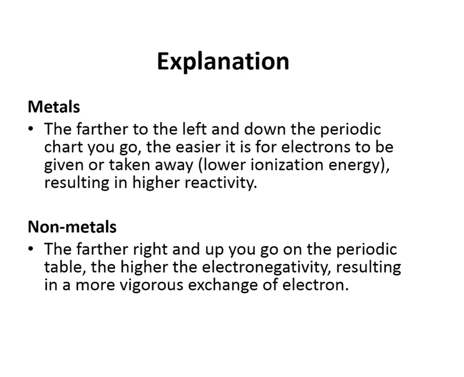So let's talk a little bit more about why this is happening. When we're talking about metals, the further to the left and down you go, so down at the bottom of the alkali group, you find it's easier for the electrons to be given or taken away. That's where we get higher reactivity. There's a larger atom size.